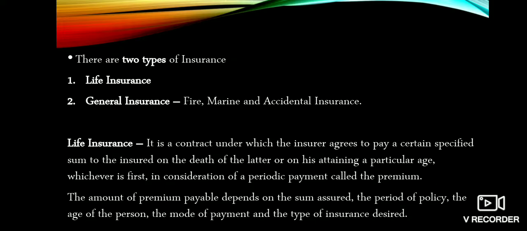So the amount of premium payable depends on the sum assured, the period of policy, the age of the person, the mode of payment, that is it may be yearly or quarterly or monthly or half yearly. So depending upon these factors the amount of premium is based, and also it is based on the type of insurance desired.